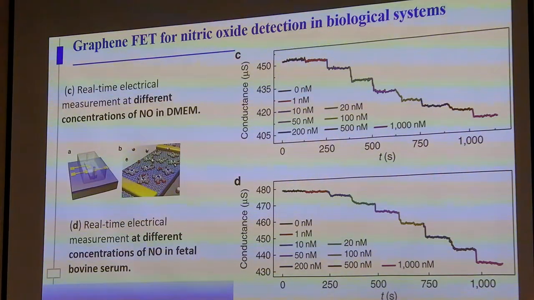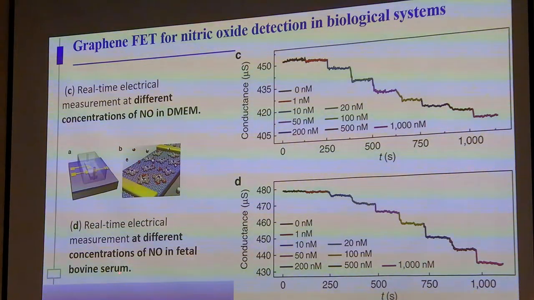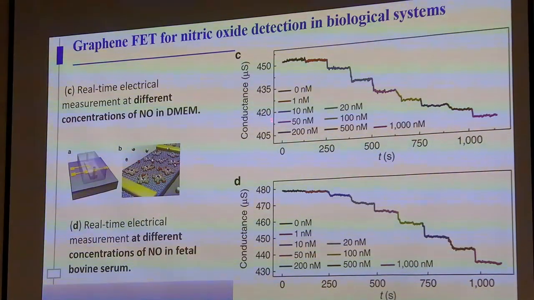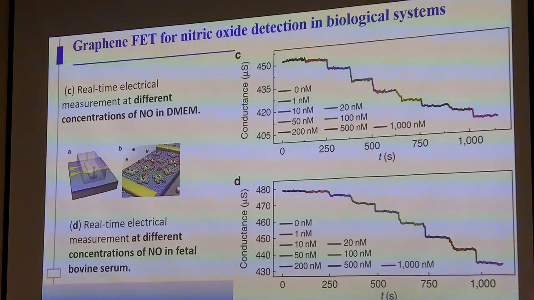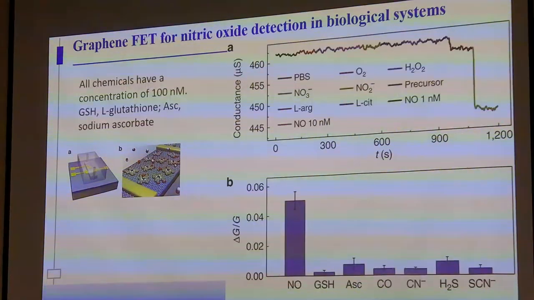And NO was studied in different media, like in fetal bovine serum here, and here DMEM. I need to figure out what the full name is, I forgot it. But in both cases, this device is very sensitive for NO. This is about selectivity, because you should have a selective device.